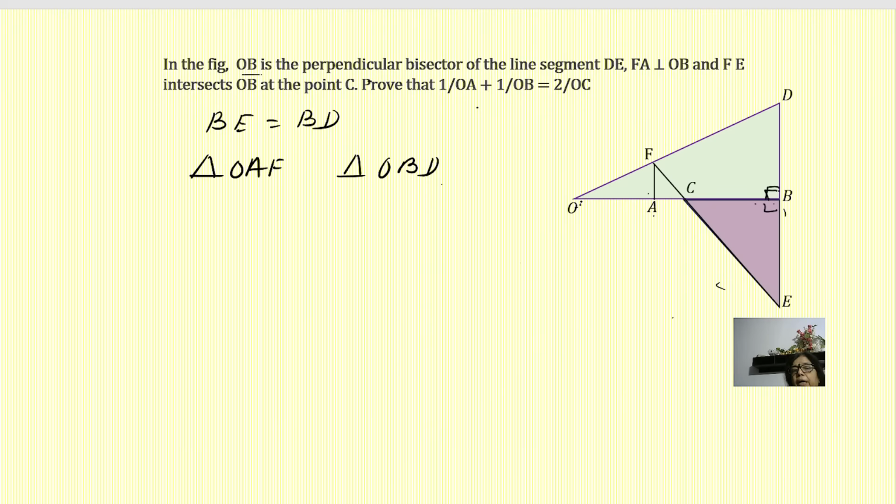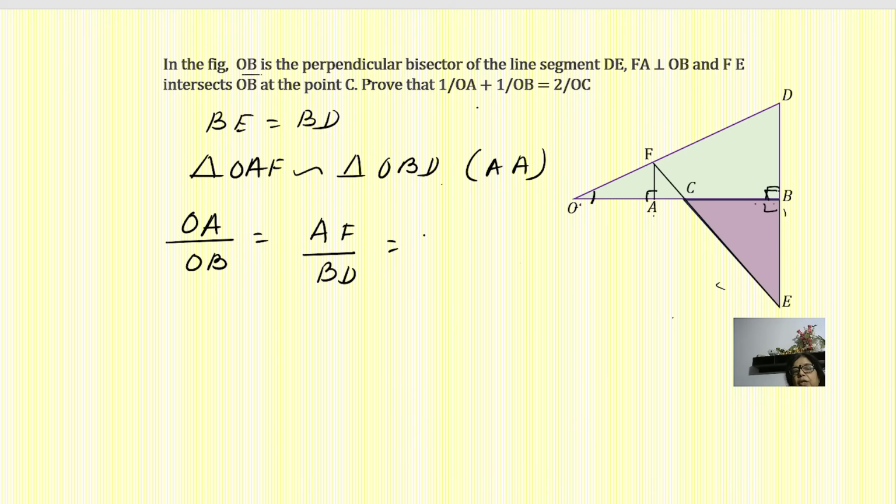In these two triangles, angle O is common, angle A is 90, angle B is 90. So OAF is similar to OBD by AA criteria. So we can write the proportionality relation OA by OB is equal to AF by BD is equal to OF by OD. This is relation number one.